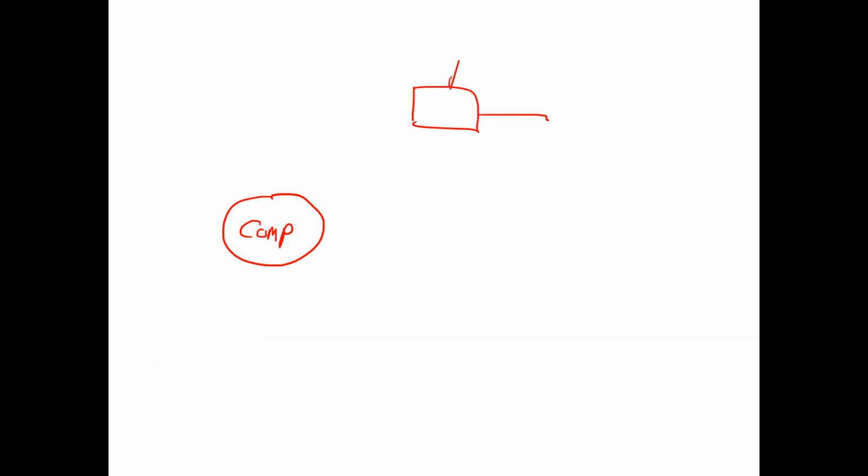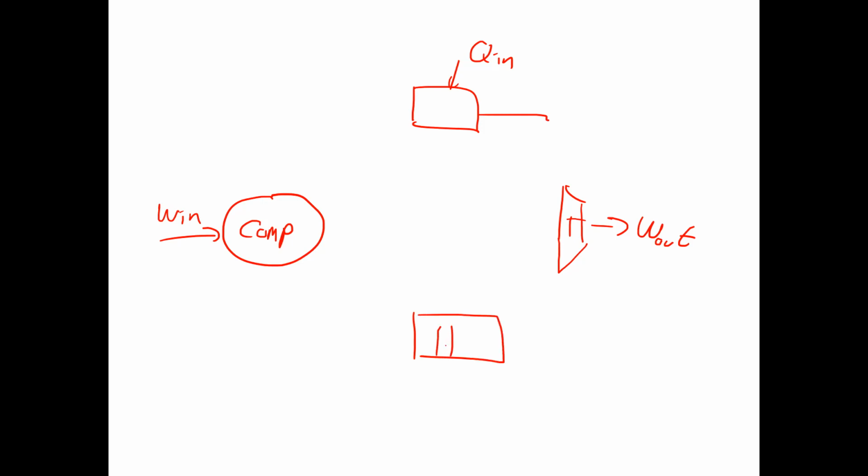So we have a combustion chamber, which is a Q-in process, a compressor, which is a work-in process, a turbine, which is a work-out process, and here again, a heat exchanger, if we do the Brayton cycle approximation for a Q-out process.